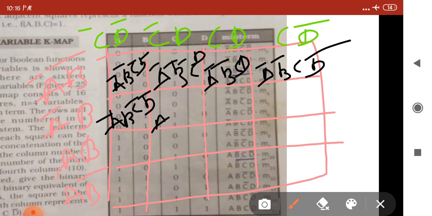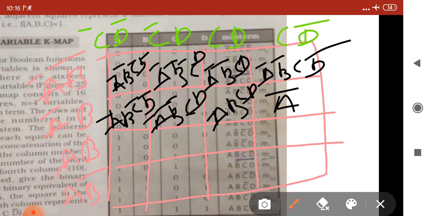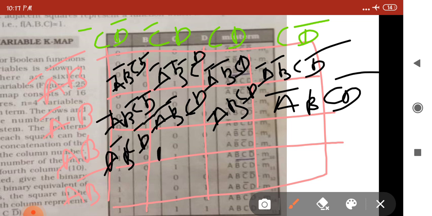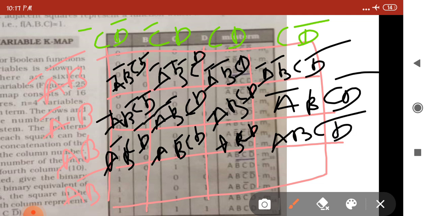A bar B C bar D. A bar B C D. A bar B C D bar. A B C bar D bar. A B C bar D. A B C D. Yes, A B C D bar.